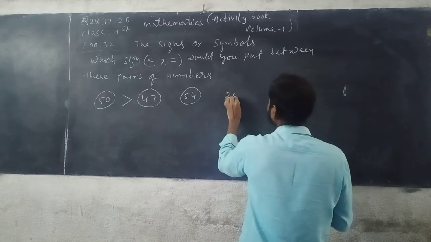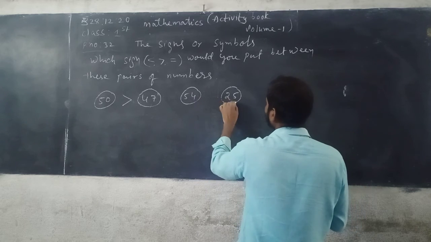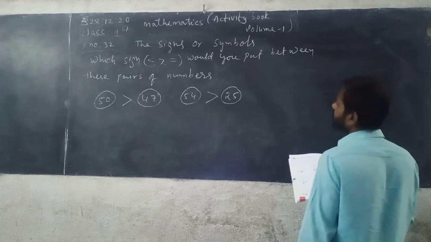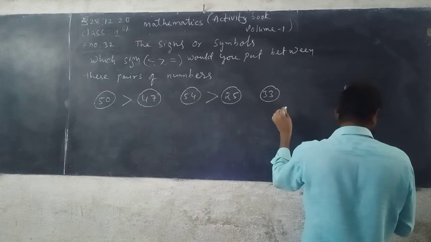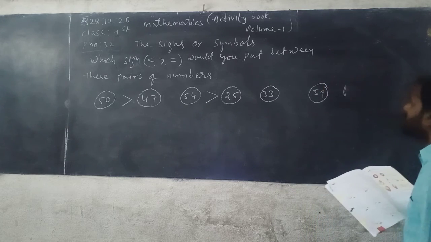54 and 25. See here, 54 is the bigger number than 25. Then you can use the greater than symbol. So 54 is greater than 25. 33 and 59. See here, 33 is a smaller number than 59.